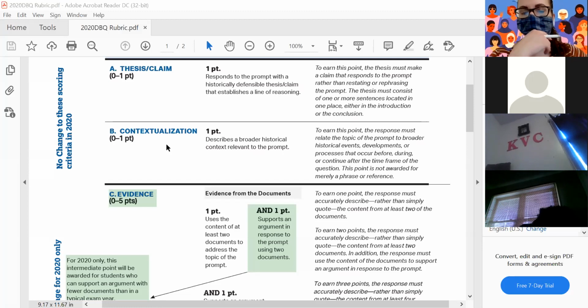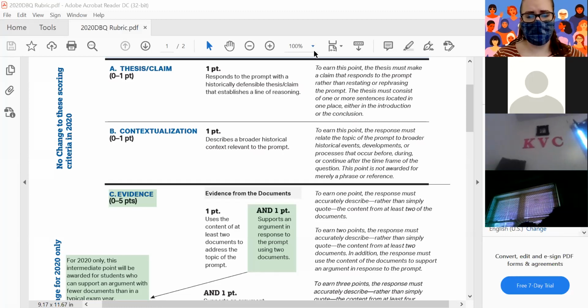Looking at the contextualization rubric, I see to earn this point, the response must relate the topic of the prompt to broader historical events, developments, or processes that occur before, during, or continue after the time frame of the question.